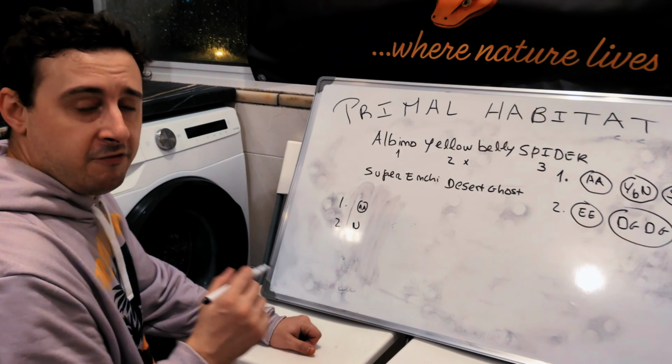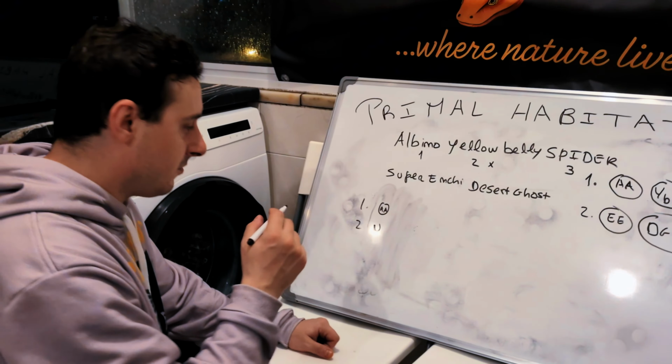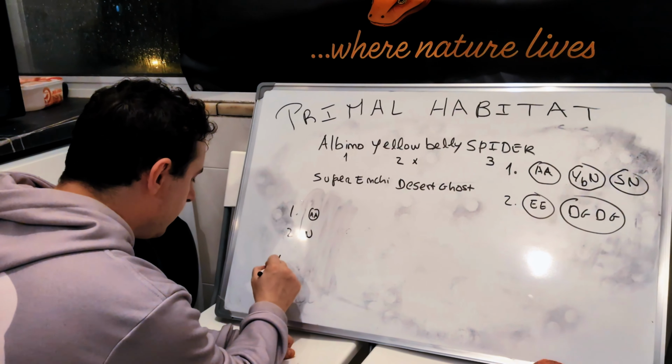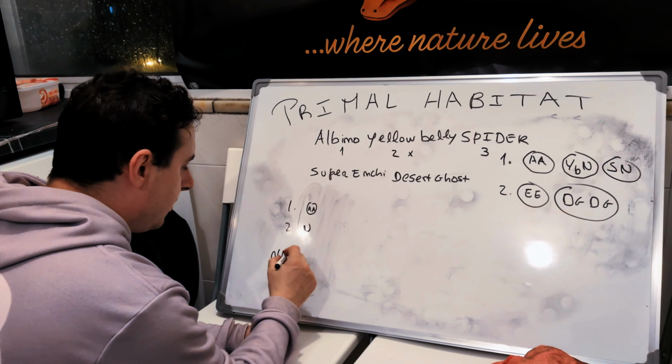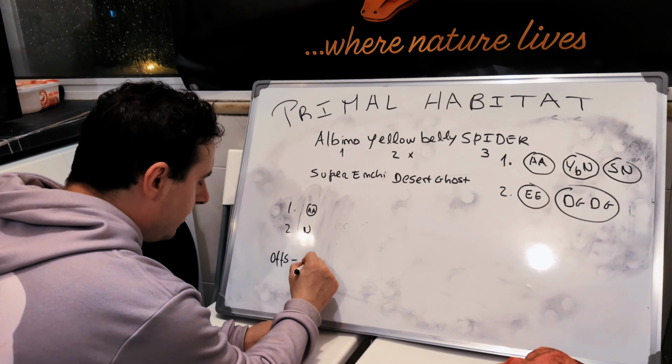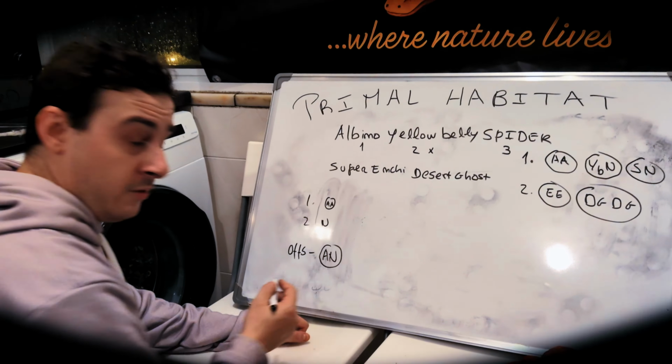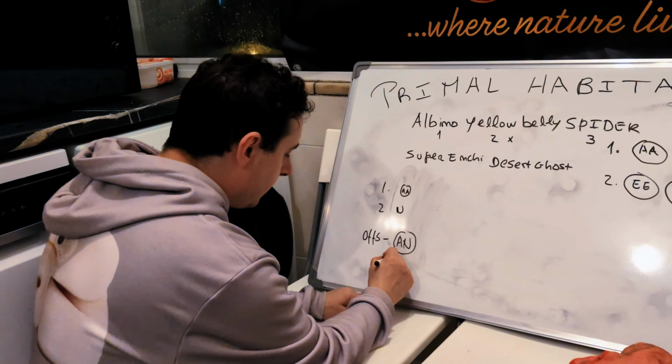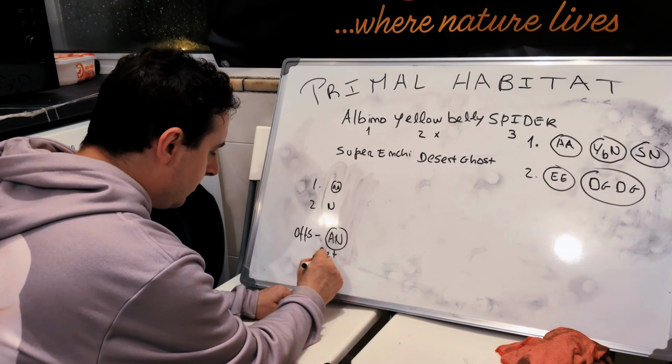So for the gene albino, the offspring will every time be AN.